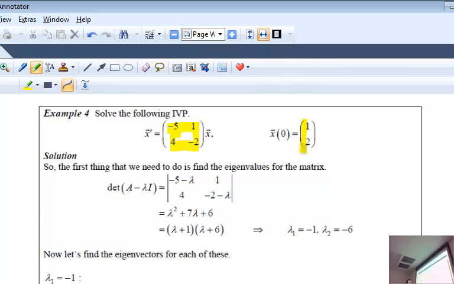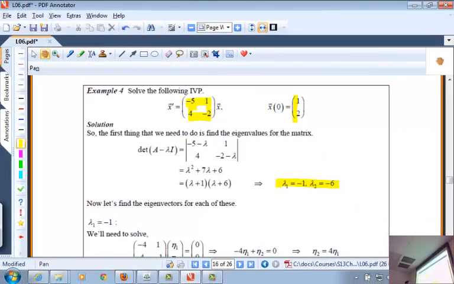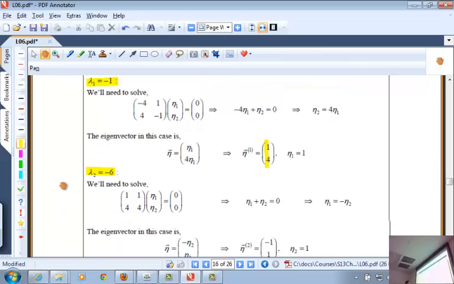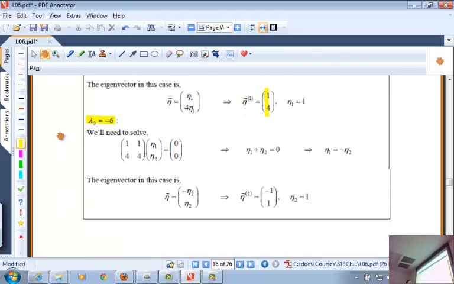Solve for the eigenvalues. Okay, and what do you find here right away? Both are negative. So it is a stable equilibrium. Okay, and for each eigenvalue, you calculate what the eigenvectors are. In this case, the eigenvector is 1, 4. And the second eigenvector corresponding to this is minus 1, 1.